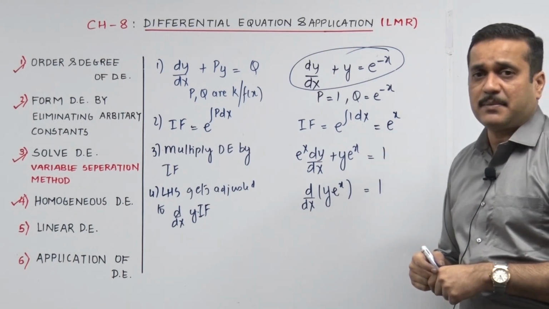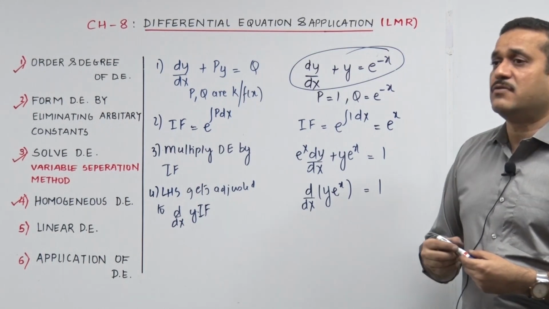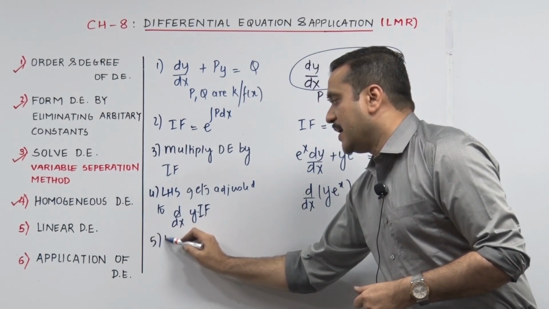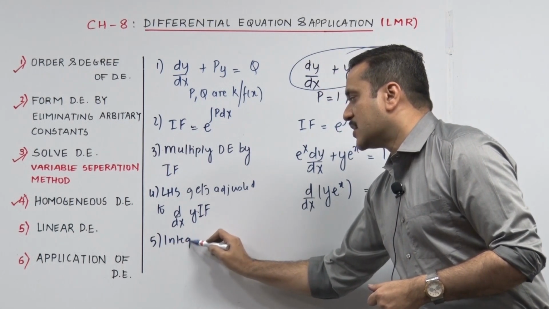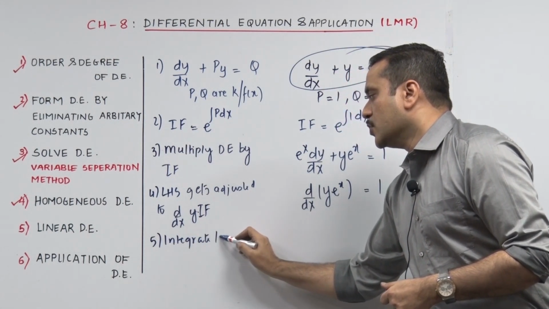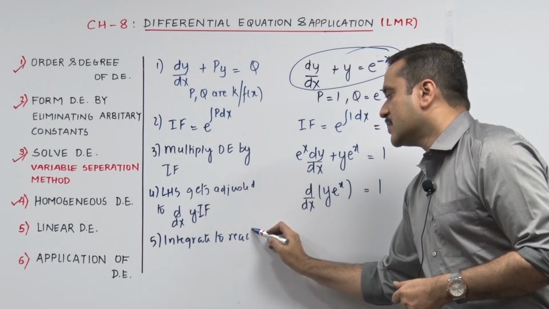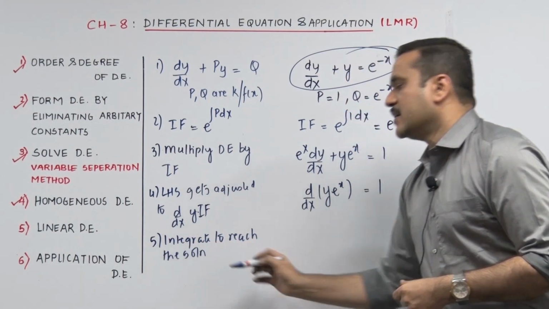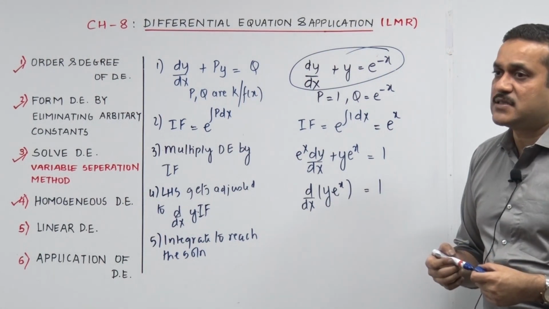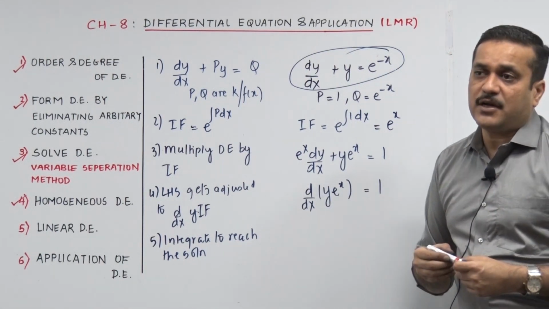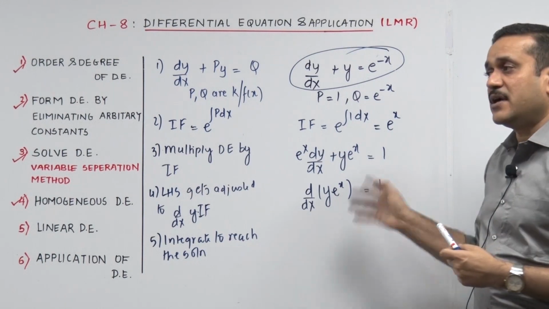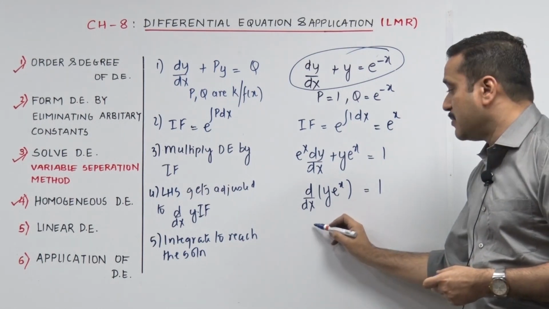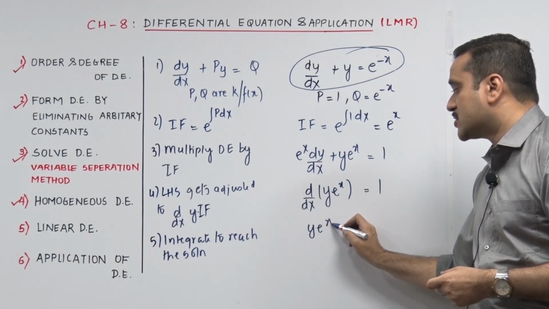And now last step, we know to reach the solution we always in the last step have to go for integration. So fifth step, integrate to reach the solution. Now this is worth watching over here. Since the left hand side has got adjusted to the derivative of y into the integrating factor, when you integrate both the sides, of course with respect to x, the left hand side you will be left with only y e raised to x.